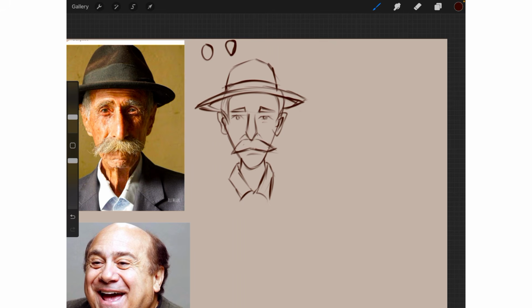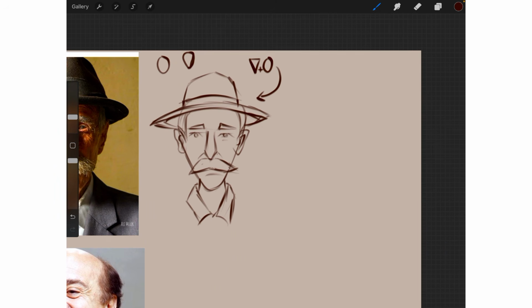This particular character that we just drew is somehow sharp and friendly at the same time.